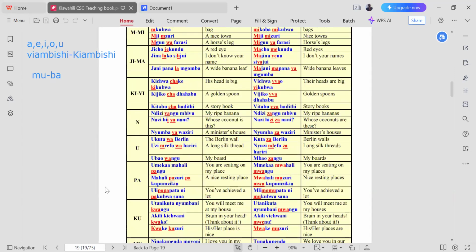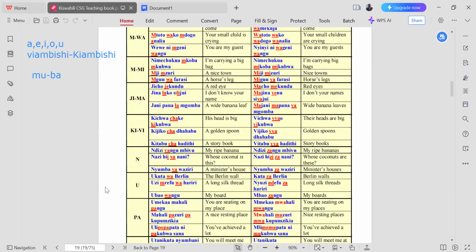After M-mi, we have Ji-ma. So Ji-ma is a noun classification starting in singular with J and I. So it's a consonant and a vowel. For example, when you have the word jicho, the plural is macho, which is eyes. So jicho is your eye, then macho is your eyes, the two of them.